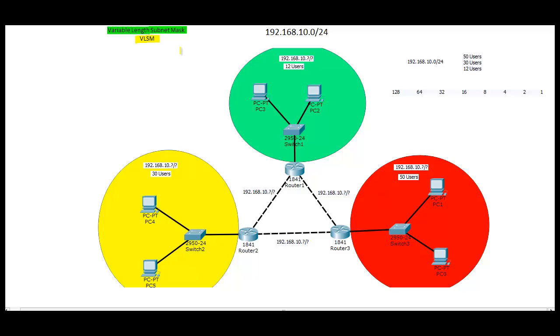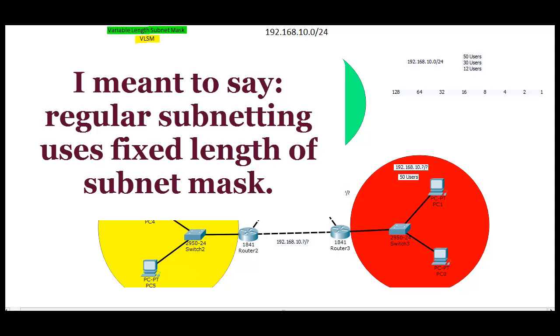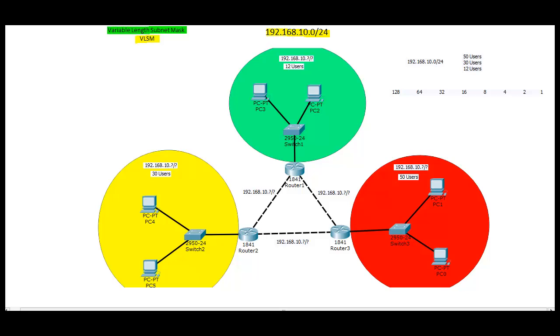In the last lecture we talked about regular subnetting, and we know that when you use regular subnetting you use the full subnet mask. Say here, for example, in this IP address we're using a Class C IP address, 192.168.10.0/24.